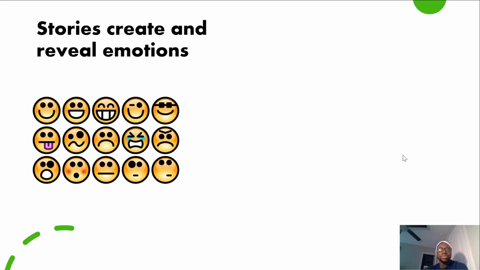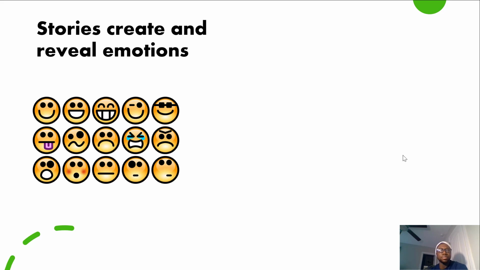And then stories create and reveal emotions. This is something that happens all the time. We watch a sad movie, it could make us cry. We watch a very interesting, funny movie, we laugh about it. So stories give us that energy, whether it's the sad energy or the happy energy.